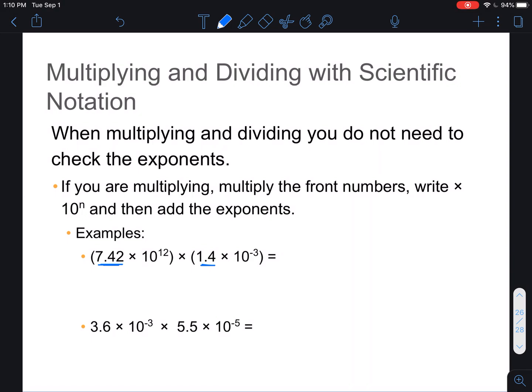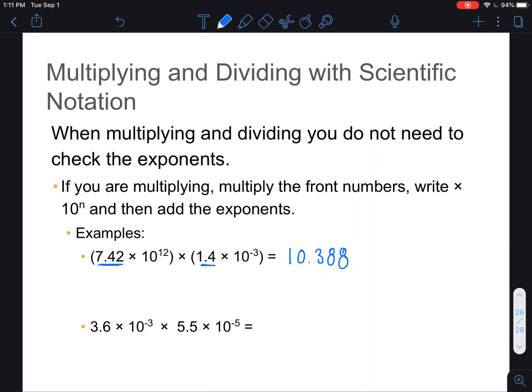That will give you 1.038. Oh, sorry. That will not give you that. That will give you 10.388. And what you do with the exponents, you do not have to match them up. That's doing more work than what you need to.